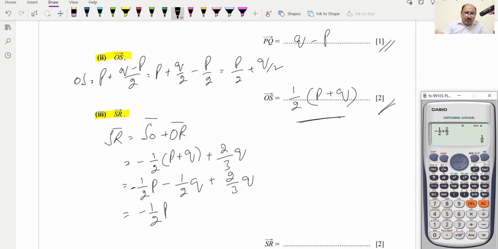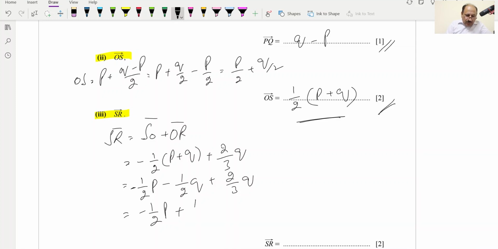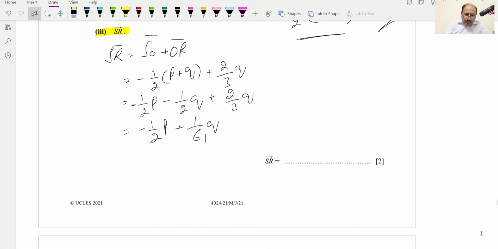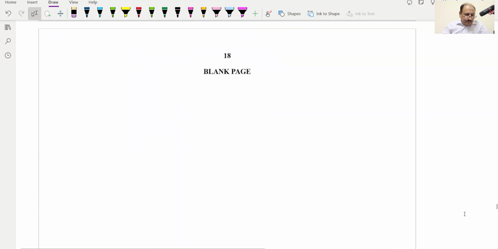Why are we making mistakes? So that gives 1 over 6, so plus 1 over 6 Q, and this will be our final answer, which we can provide over here: minus 1 by 2 P plus 1 over 6 Q. This is a 2 mark question, which we are done.